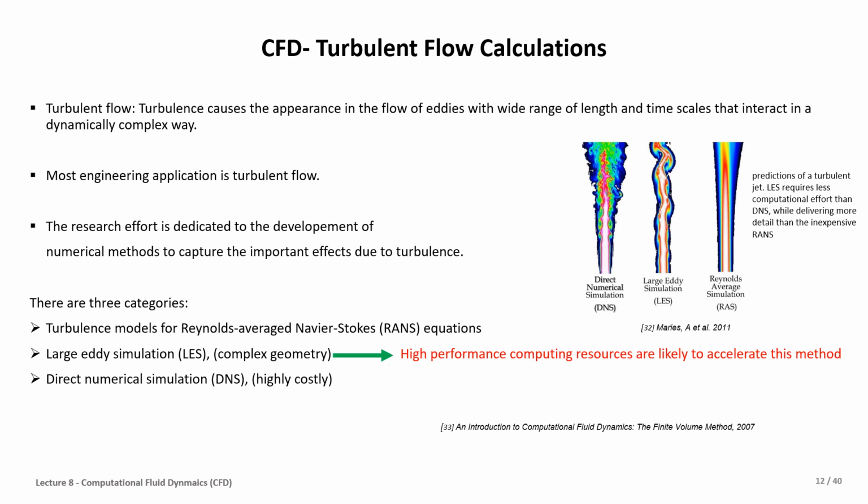But the last one, direct numerical simulation, is presenting all the detail and all the scales of the problem. So this is the difference of the solution between these methods. These three categories present different results. However, the biggest difference between them is the computing cost, and it's very important depending on the application to decide which one to use.